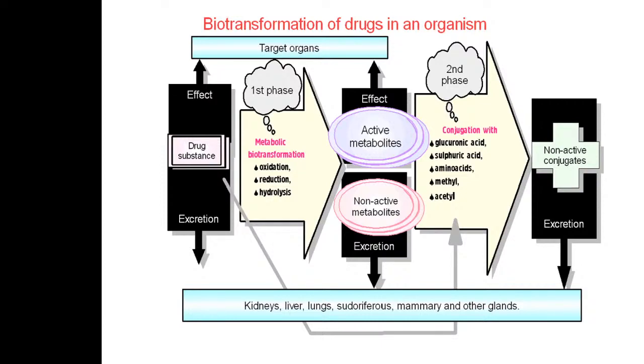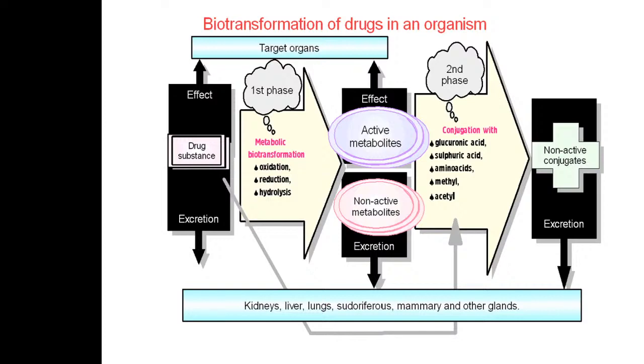Because there are enzymes in saliva, in gastric juice, in blood, in different organs, different cells. There are a lot of different enzymes. And principally, the place of metabolism can be very different. The drug can be metabolized everywhere, but we understand that there are specific organs with more active enzymes.